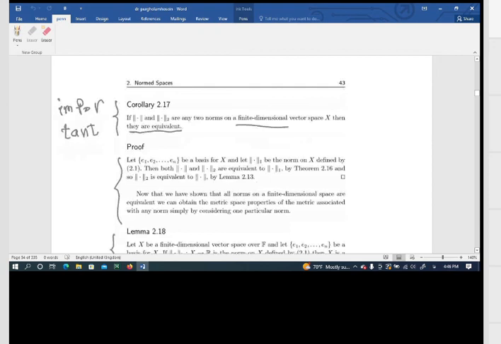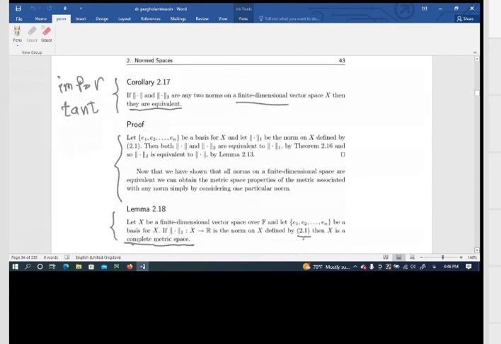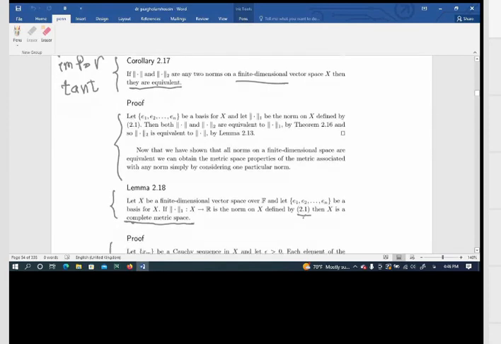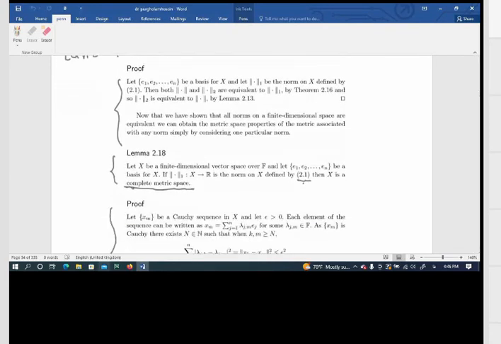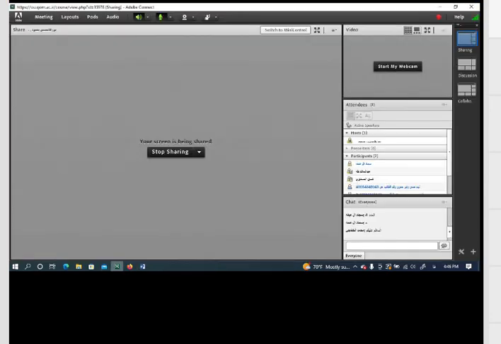And the proof is, as I said, from the theorem and the lemma before the theorem.